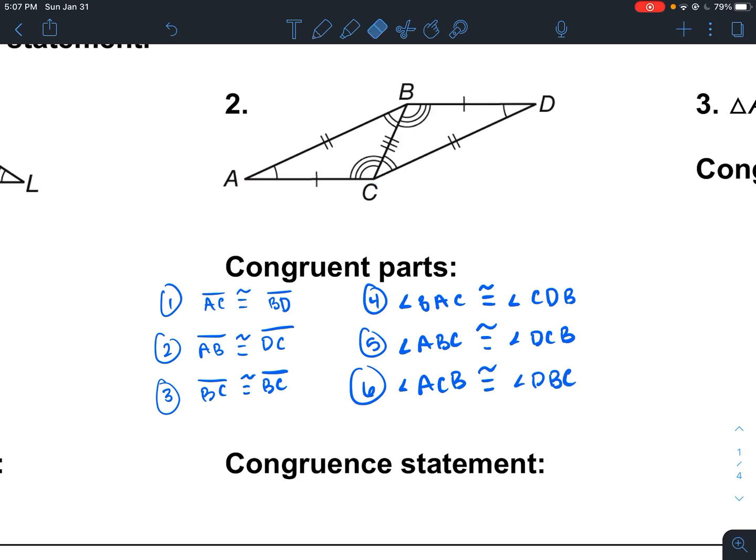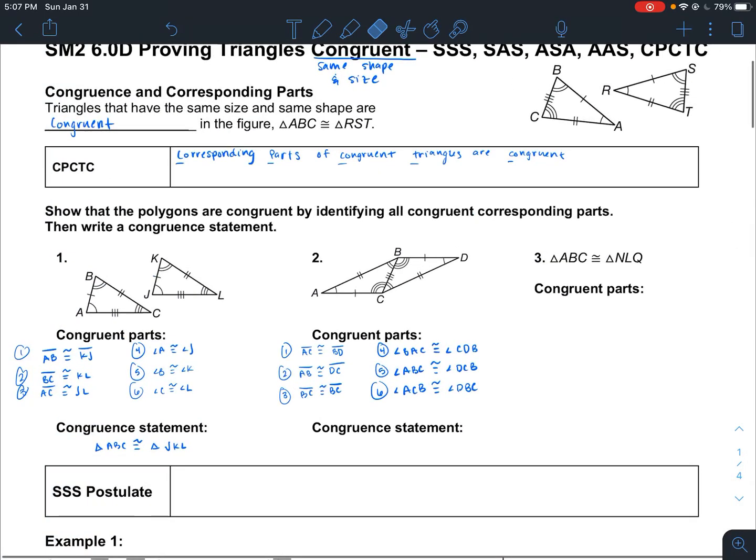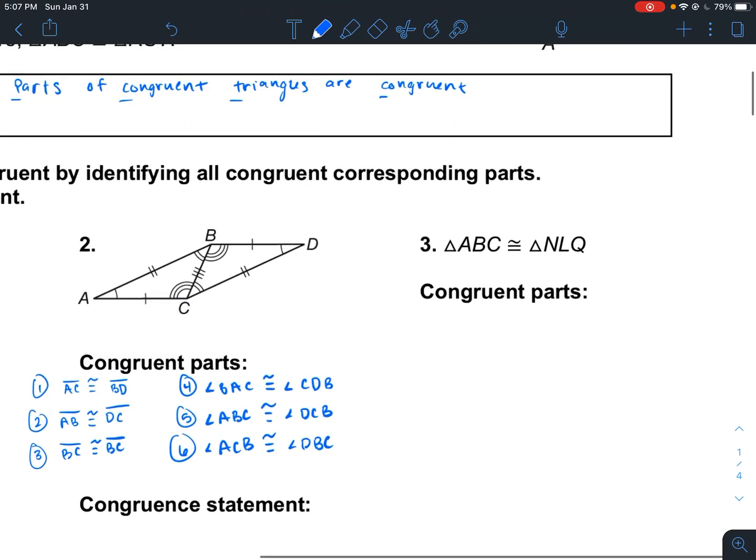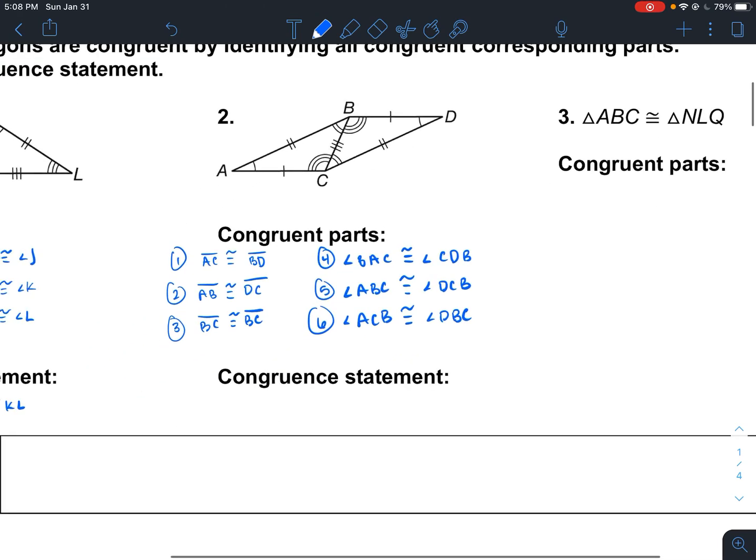Okay. This right here is probably the more right way to write these angles rather than how we've been doing it before. Okay, so for this one right here, for the congruent statement, we can write that triangle ABC is congruent with triangle DCB.